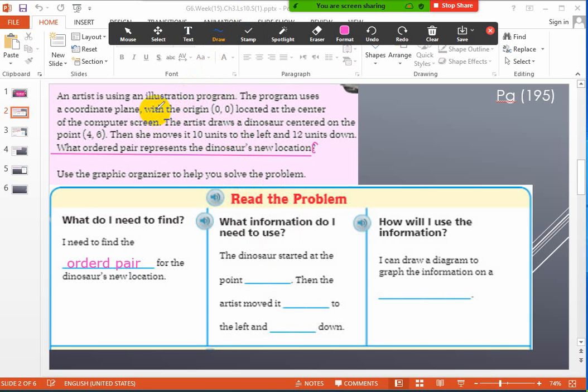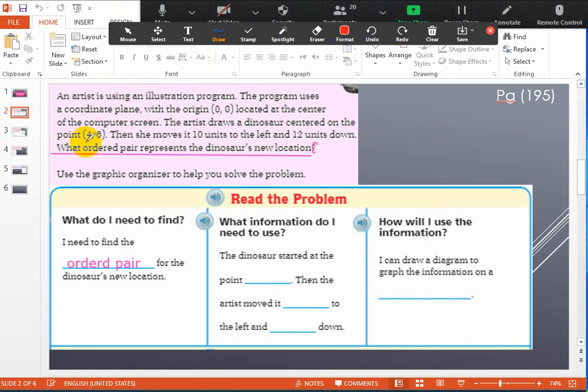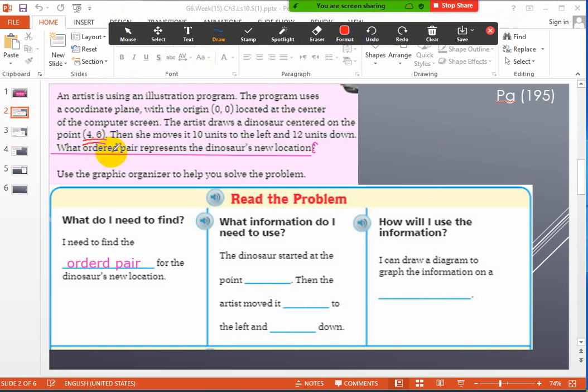So the numbers in my problem, first thing, the point for the dinosaur that is drawn. The first number is 4, 6, the point for the dinosaur.